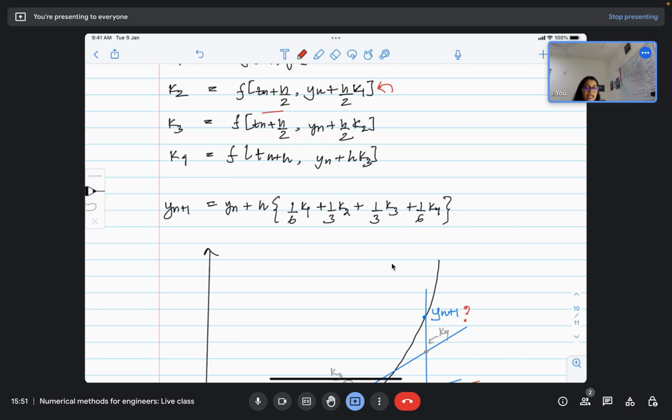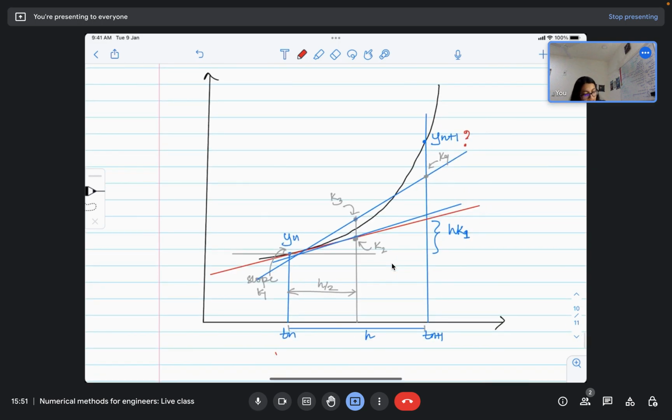So this is your Tn, this is your Tn plus 1, and the entire distance between Tn and Tn plus 1 is h. So the second slope is computed at a distance of Tn plus h by 2. Only this much distance is increased on the x-axis.